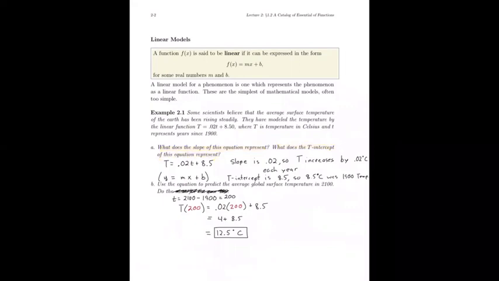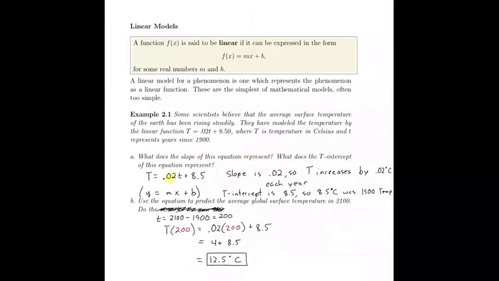Well, remember that this is where we're filling in m and b, the slope and the y-intercept, or in this case, the capital T-intercept. Okay, well, 0.02 times t, that looks like it represents a rate, right? Because we're going to plug in a time t, number of years past 1900, and we're going to multiply that by 0.02. So 0.02 must be degrees Celsius per year.